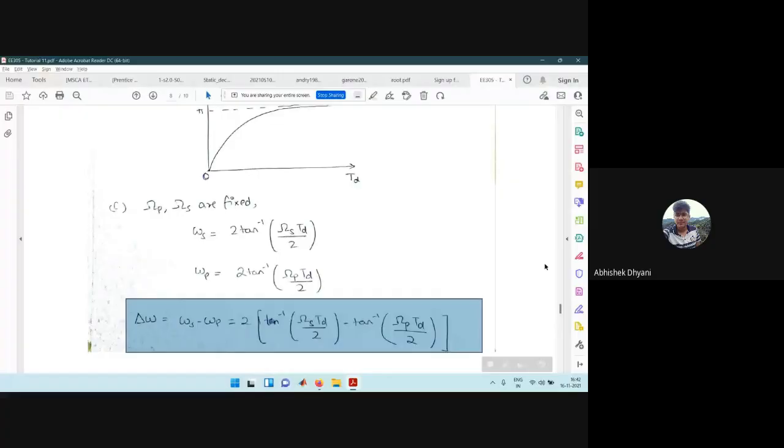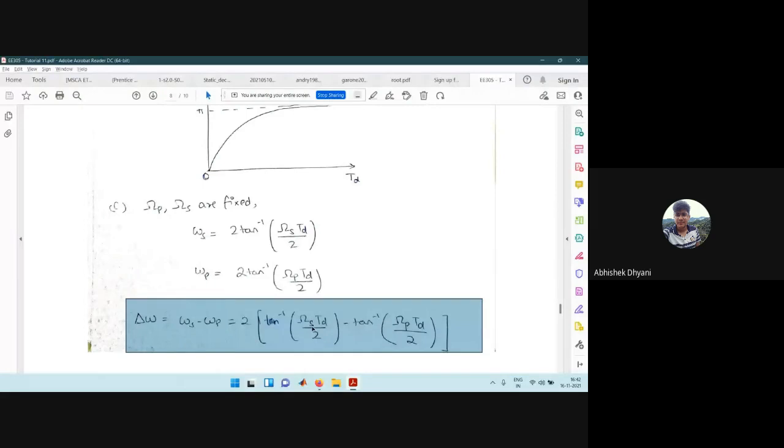So when I take their difference, that is basically the transition range or the transition frequency, right? And that delta omega will be this subtracted by this, so the expression will be this one. Now I have to plot this one with respect to the variation in TD from 0 to infinity.